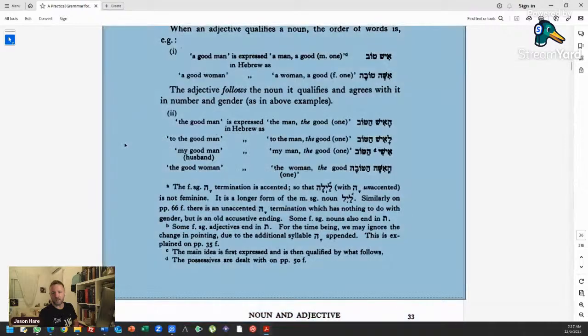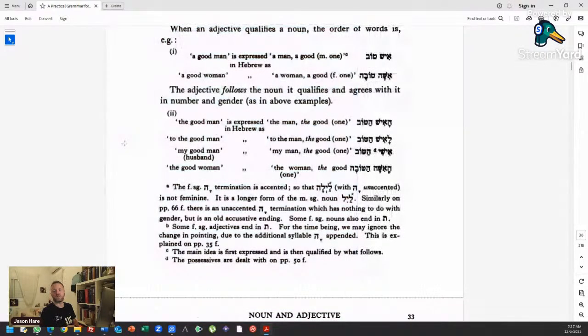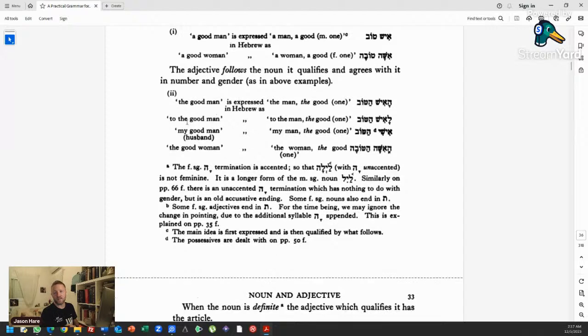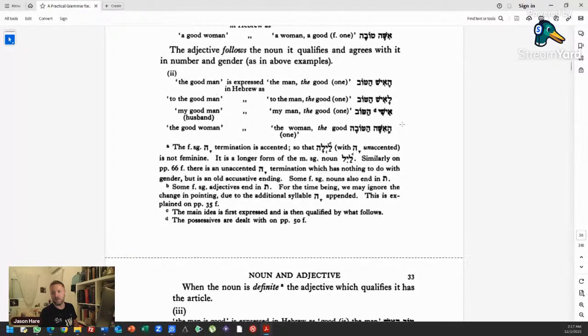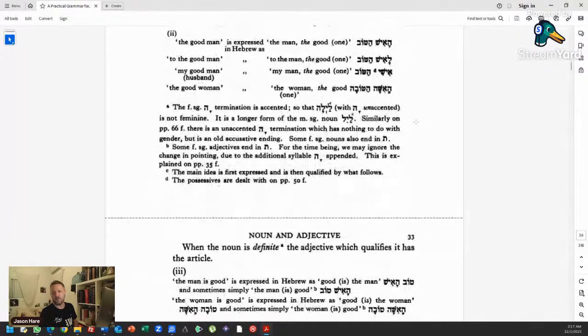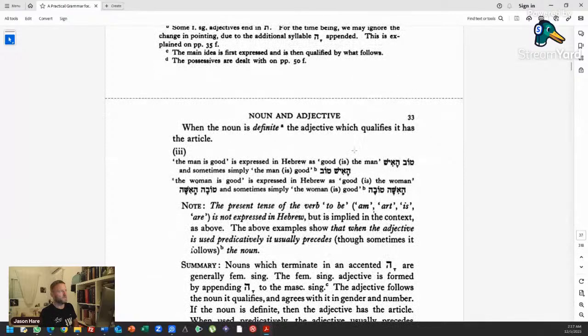The adjective follows the noun it qualifies and agrees with it in number and gender. Also definiteness. That's important. The good man, ha'ish hatov. To the good man, la'ish hatov. Ishi hatov, that's definite. Ishi is definite, my man. The good one, which means maybe my good husband, my good man. Ha'isha hatova, the good woman or the good wife.